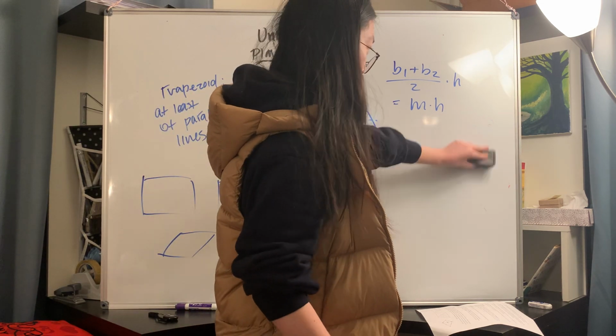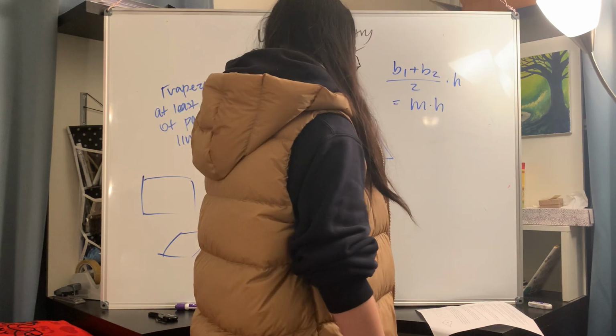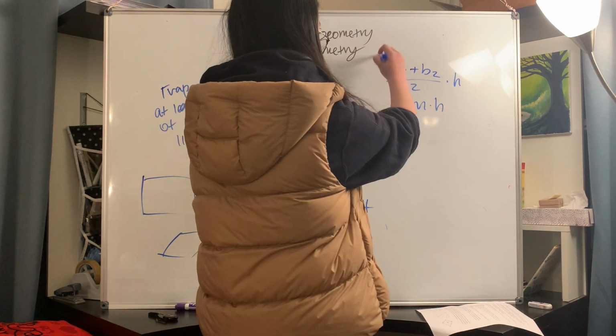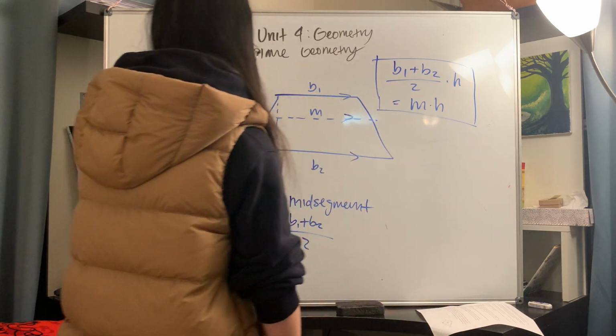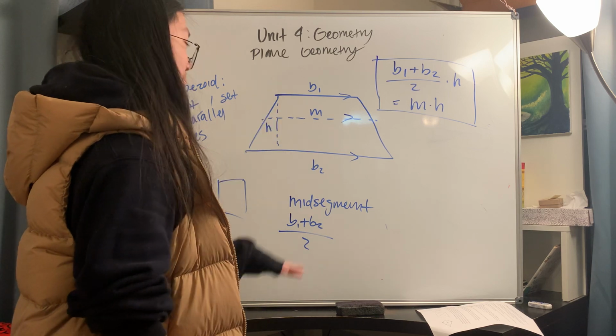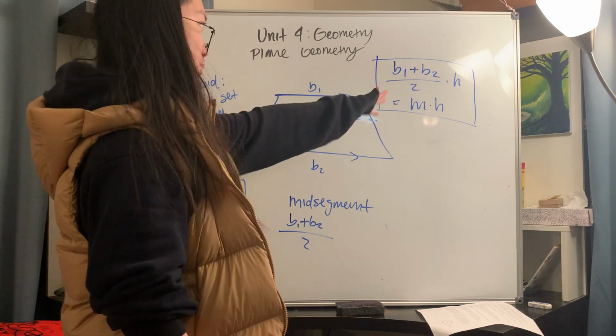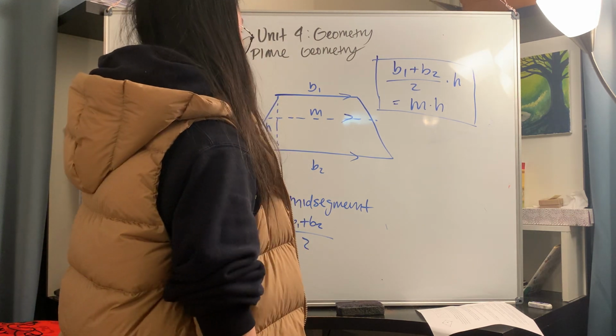I think this is about all that you are expected to know about trapezoids in competitions. Just remember this formula, or these two. Remember what a mid-segment is. And I would encourage you guys to actually split up this trapezoid and figure out why this formula works, and whether or not it works for weird looking trapezoids.